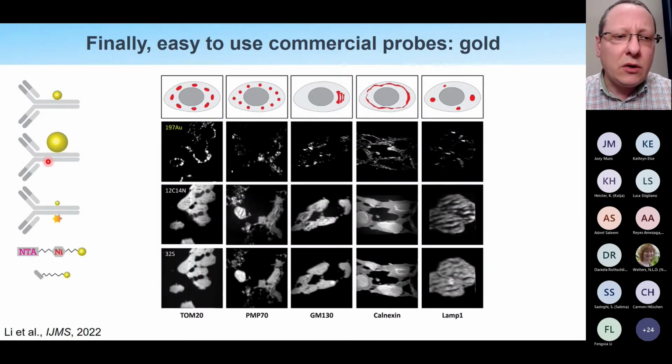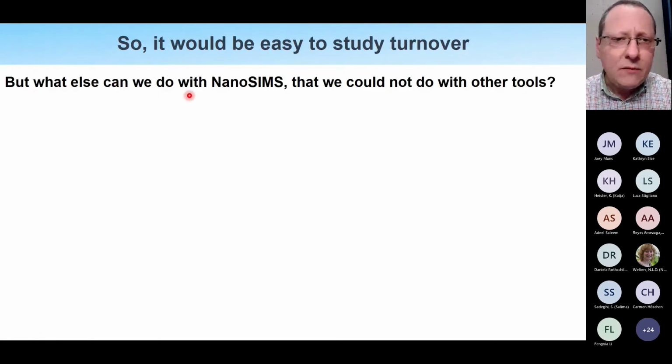So we tested a lot of gold antibodies and said, well, which ones are actually working well? Claude Lechen, who was mentioned in the first lecture, he also used this a few years ago and found some good results with antibodies that he labeled directly in the lab. We said we don't even want to do that. We just want to buy something, put it on, see if it works.